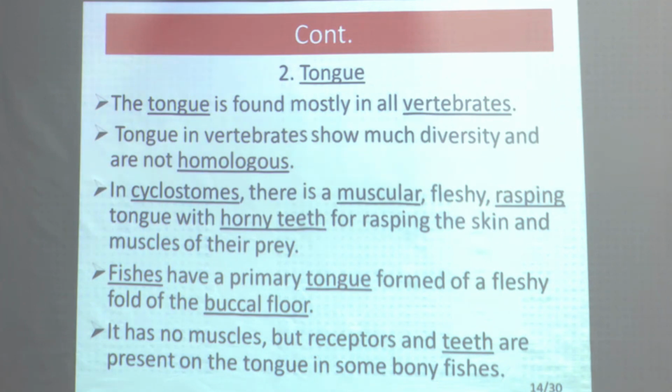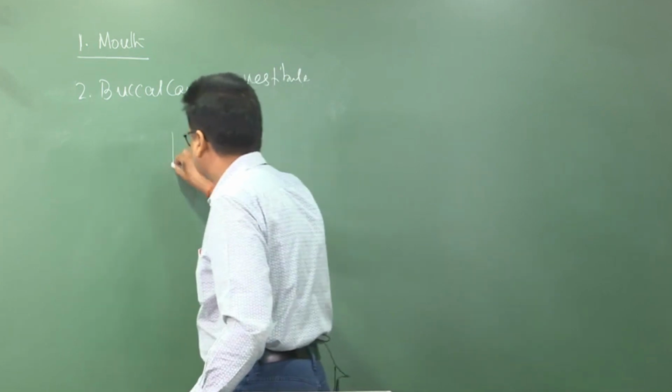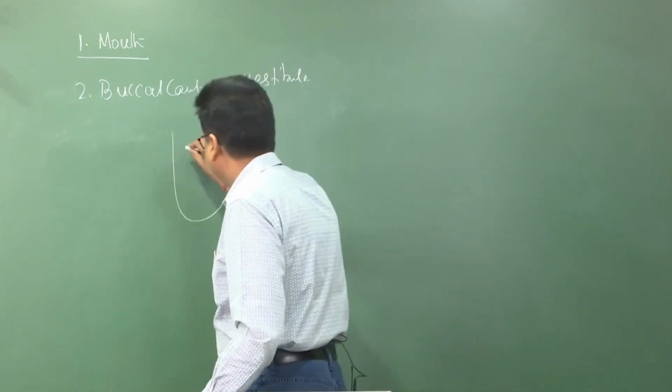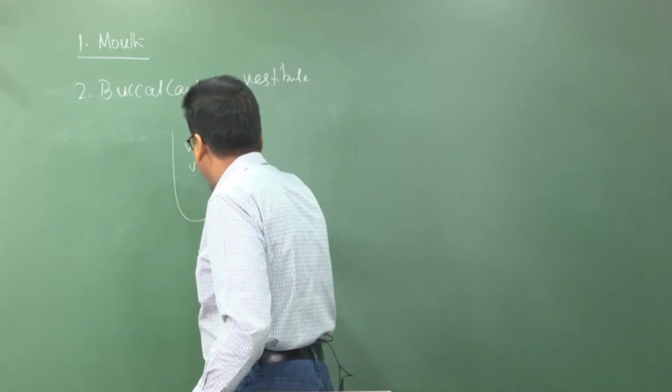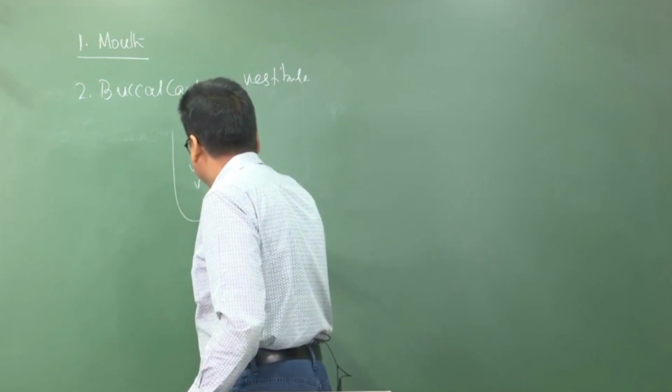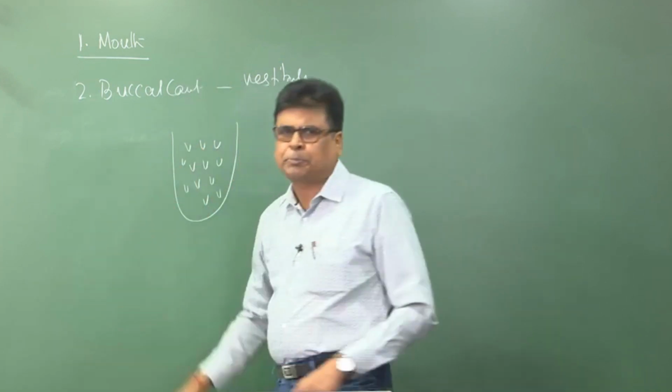For example, in cyclostomes, there is a muscular, fleshy, rasping tongue with horny teeth for rasping the skin and muscles of the prey. This tongue contains a number of denticle-like structures, so that it is rasping in nature.